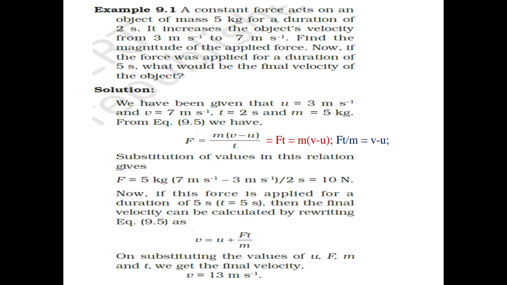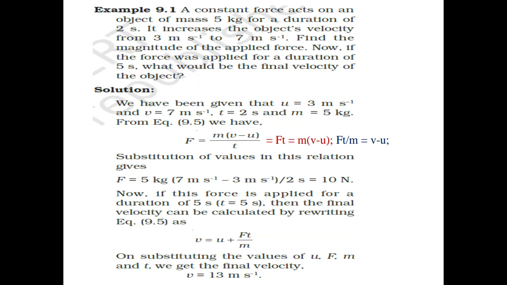Question number first, 9.1. A constant force acts on an object of mass 5 kg, so mass is given as 5 kg, for a duration of 2 seconds. Time is given as 2 seconds. It increases the object's velocity from 3 meter per second to 7 meter per second.